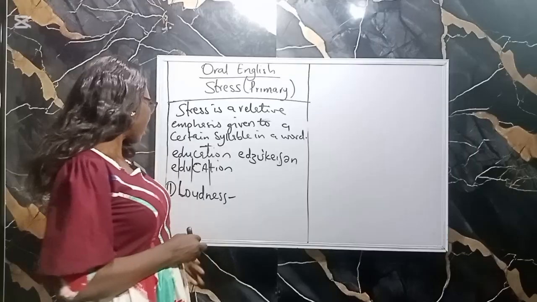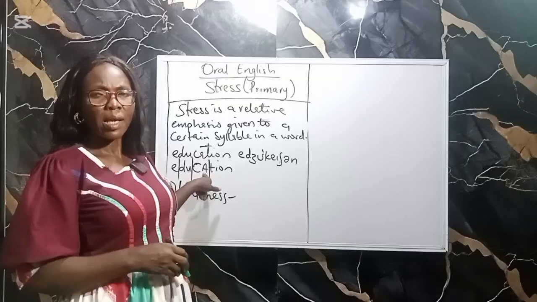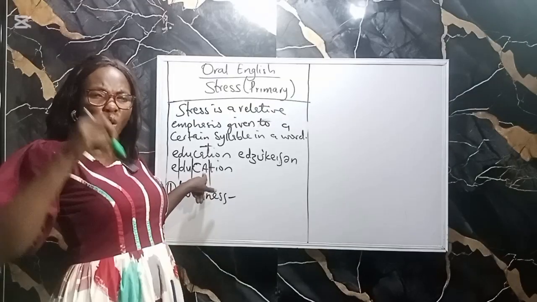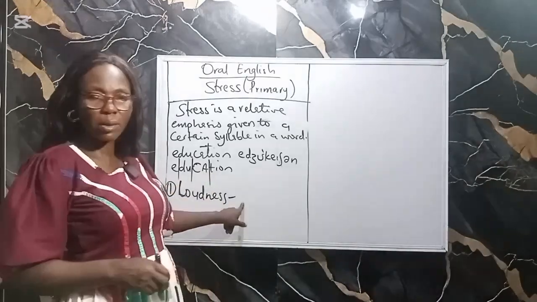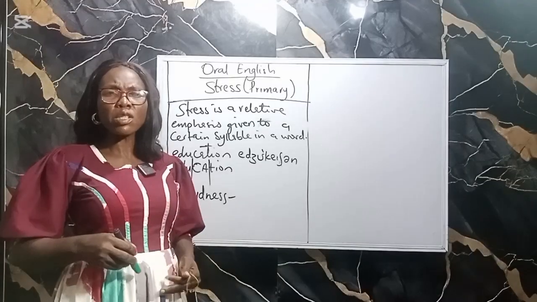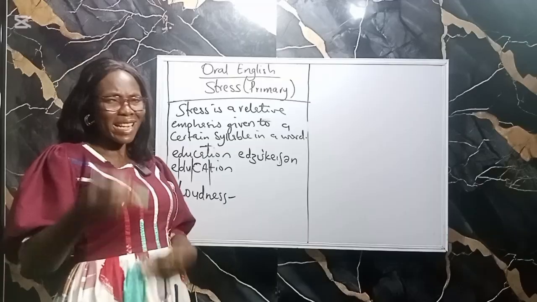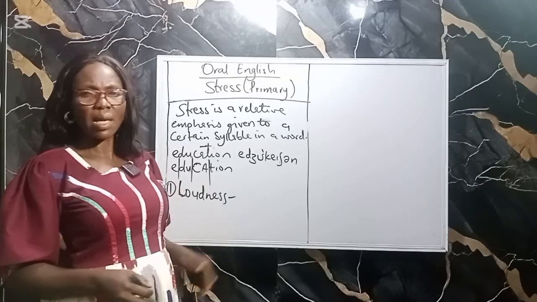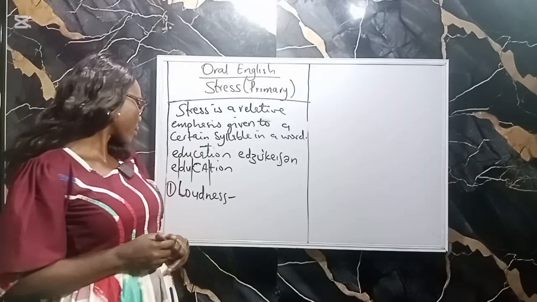We mean that particular syllable, like K in this word, you say it strongly, you pronounce it strongly. You can even use more energy to pronounce it than the other syllables in that word.